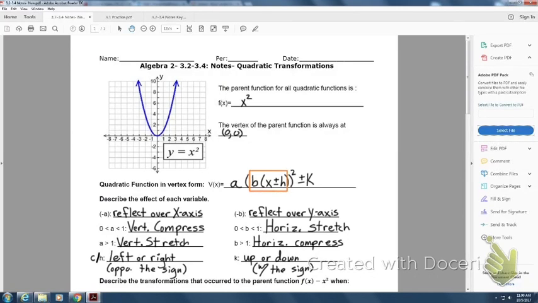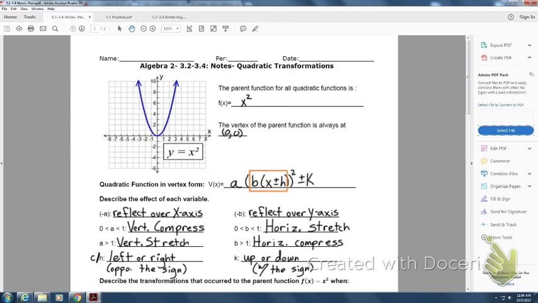Horizontal stretch. Horizontally is left and right. So the X values are changing. The H value moves the whole thing to the left and right. If it's negative, it reflects across the Y-axis. And then everything outside the parentheses is going to be affecting the Y values.